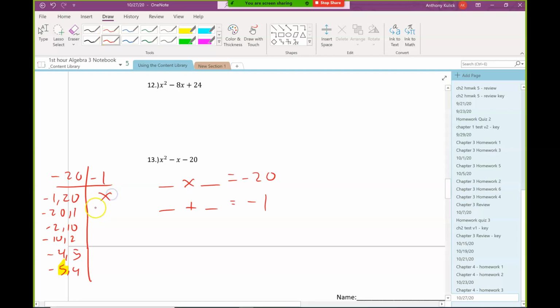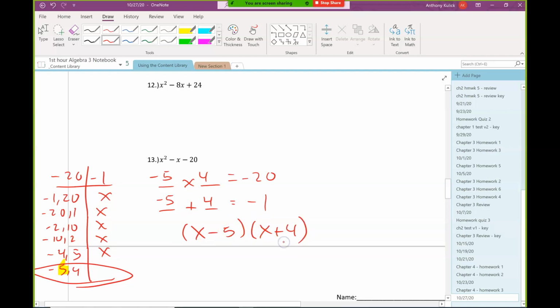That gives us 19, negative 19, 8, negative 8, positive 1 and negative 1 is right there. So that's the pair of numbers that we needed. And based on our shortcut that we talked about last week on Friday, since the leading coefficient is 1, I can go straight from those two answers to the factored form.